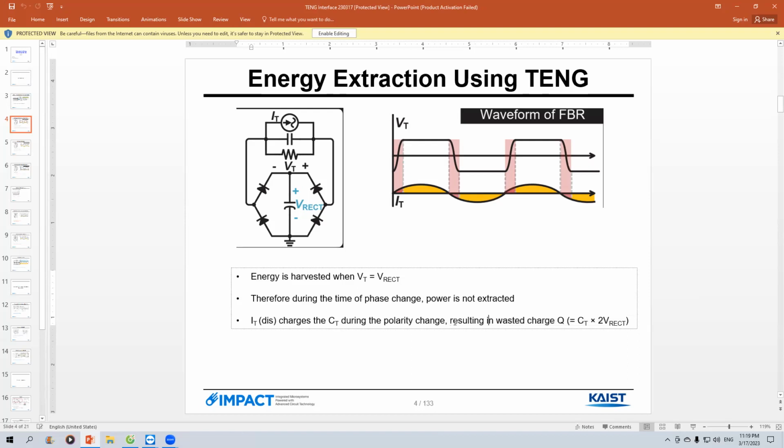Sorry, why here is the wasted charge said to be red? Yeah, that's what is mentioned in the original slide. It is correct, wasted charge here. I think if you think about the full cycle, the whole entire cycle, then it should be correct. You mean here, right? In the red?